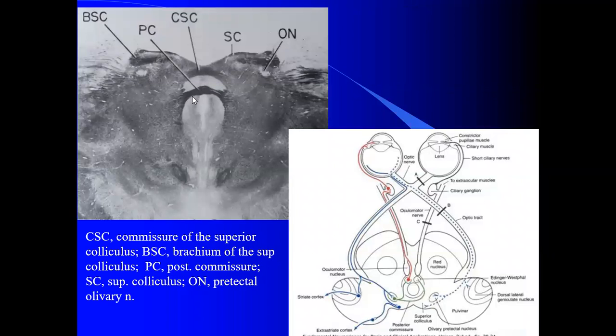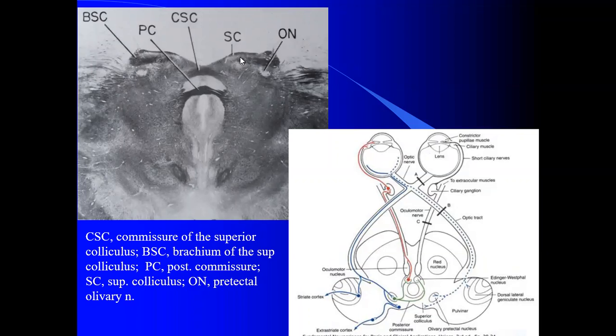Here's the posterior commissure. Now, the posterior commissure is an important landmark because generally speaking, the posterior commissure separates the midbrain from the diencephalon. That's your primary landmark for when you're leaving the brain stem and heading up into diencephalon. All right. Here's some other important structures. Okay, this is the brachium of the superior colliculus. This is an afferent pathway.